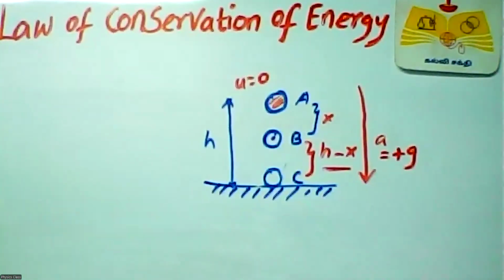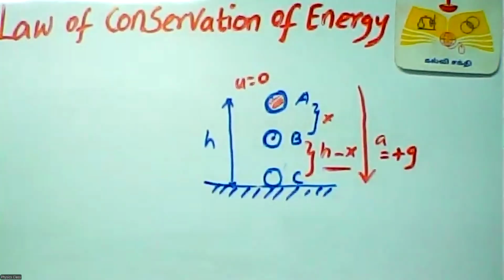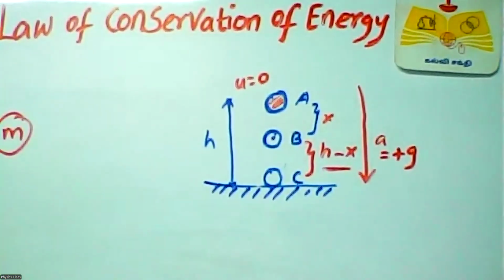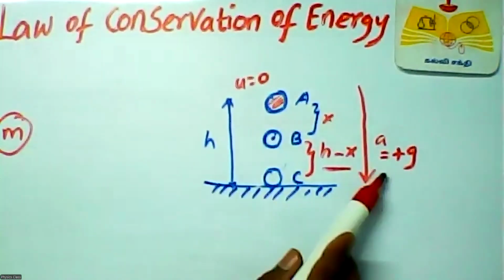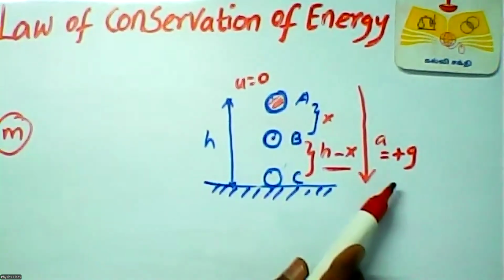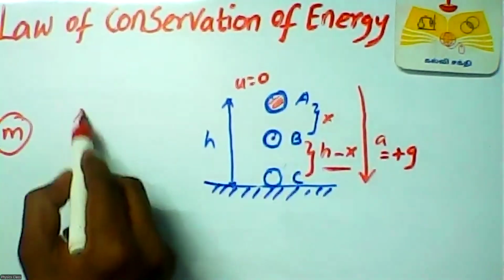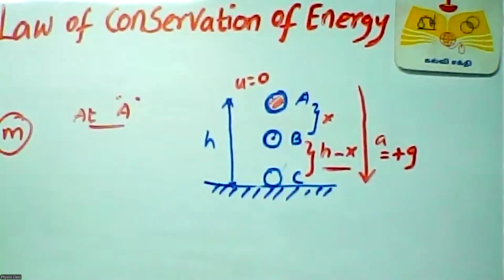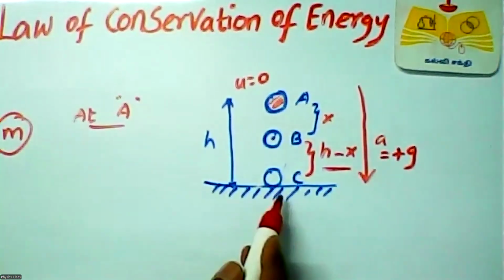Consider a freely falling body. It has mass m. That object has mass m, released from a point A. The acceleration due to gravity, as I already told you, is A equal to plus G. At point A, it has some height from the ground surface.